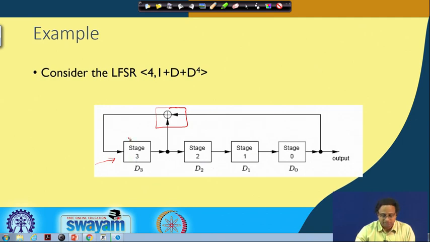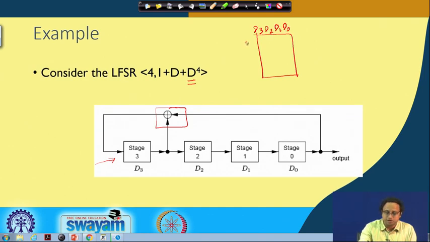So the idea is, if there is a new polynomial that you want to read, this is how you read it. The D to the power of 4 is the maximum degree, since this is a 4-bit LFSR. You can imagine that the bit sequences generated by this LFSR can be enumerated by 4 bits, depending upon the values of D3, D2, D1 and D0.